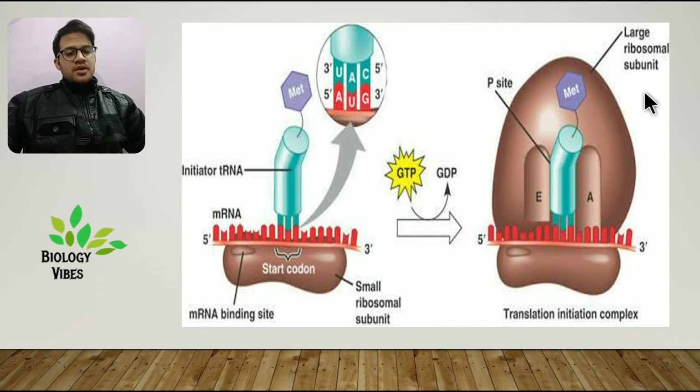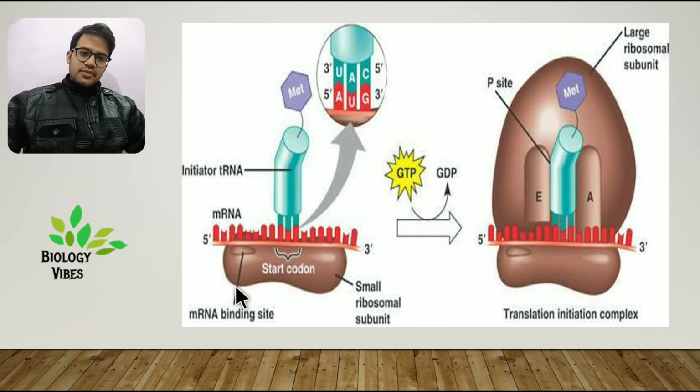Now the protein machinery, that is the ribosomes, has to be there. So the smaller subunit binds to the mRNA at a specific site. There are some sequences that will recognize a specific site, and there's a start sequence. Remember AUG, which corresponds to an initiator tRNA that will carry methionine.